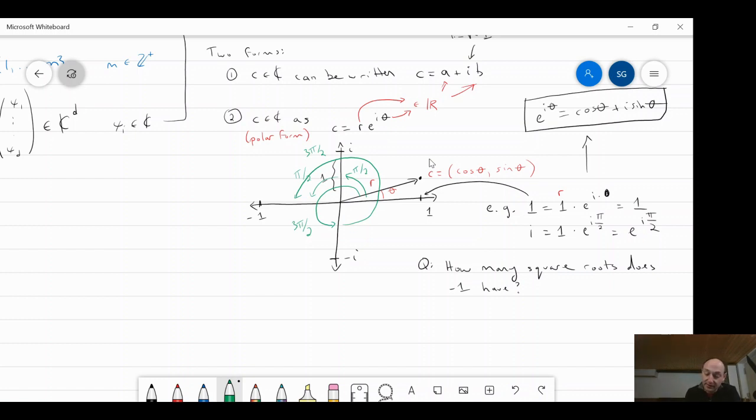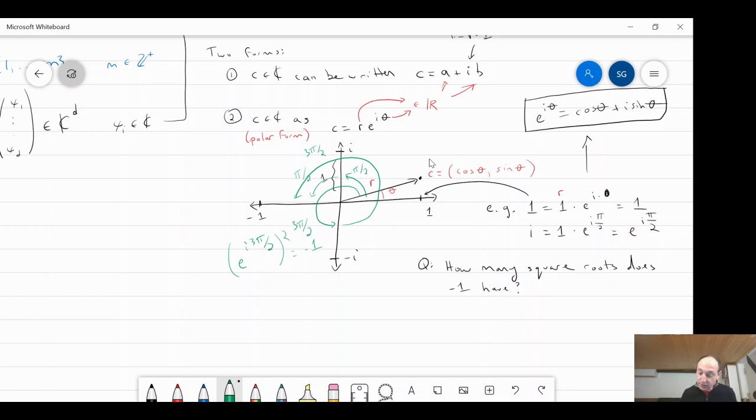So e to the i 3 pi over 2, squared, is also equal to -1. We could have equivalently defined i, the square root of -1, this way if we wanted to.